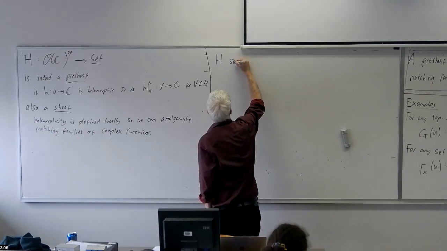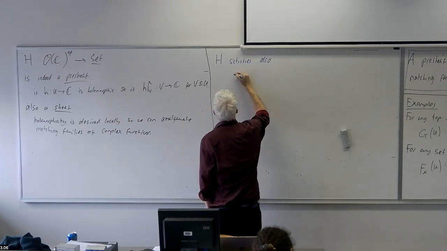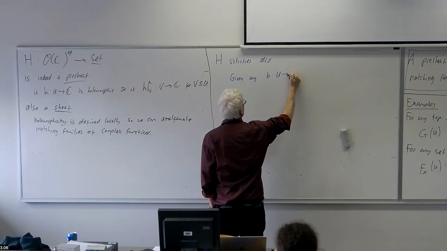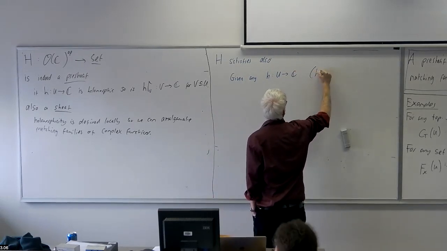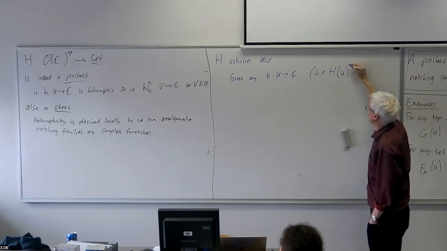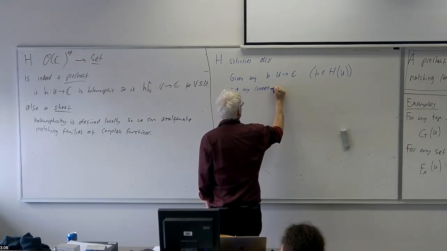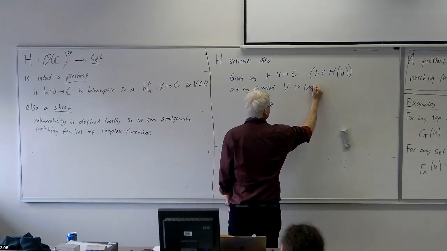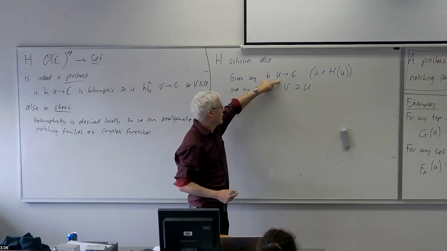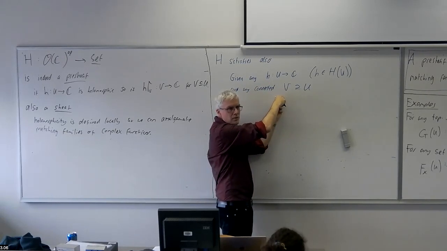So H satisfies also: given any h from U to C, in other words, a holomorphic function, little h in the sheaf at U, and any connected open subset V, there's a superset of U. Holomorphic functions have the amazing property that you can extend them to open supersets that are connected in at most one way.